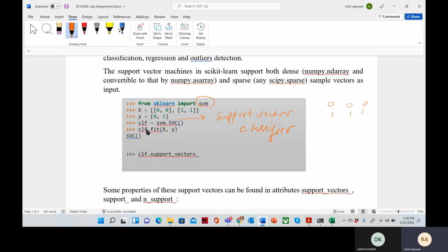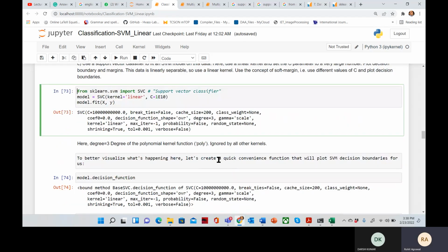After that, model name.fit(x, y). This is just the syntax. So from sklearn.svm import SVC means import support vector classifier.